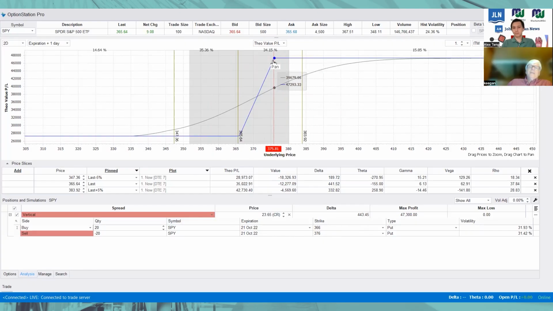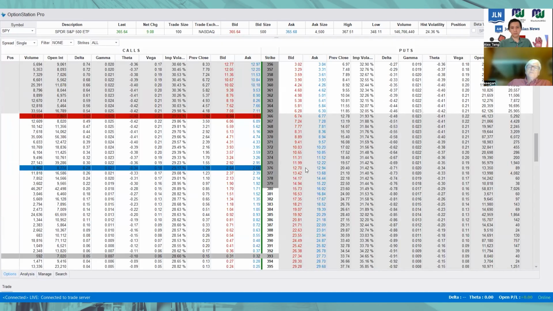So if it gets up above 376, both options go out worthless. So you're selling this, let's look at the options here, the 376 puts. Let's say we sold that at 12.80, and we buy the 366 puts at 6.75. So we're selling it for $6.05.